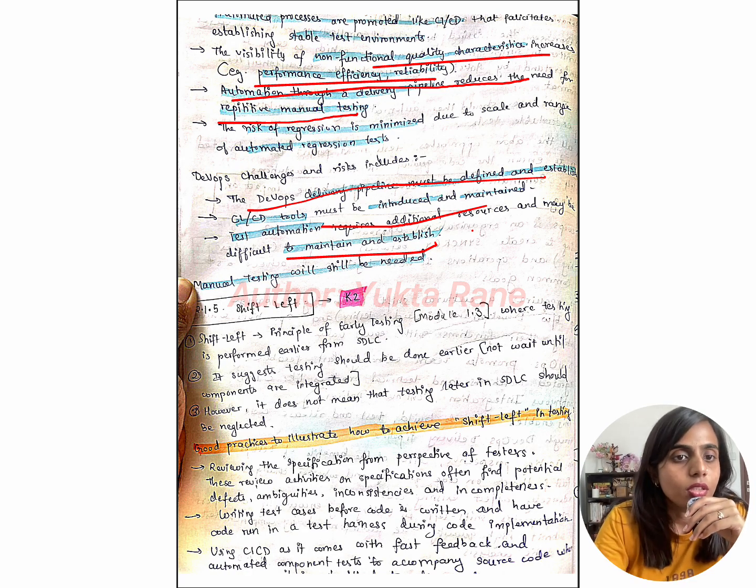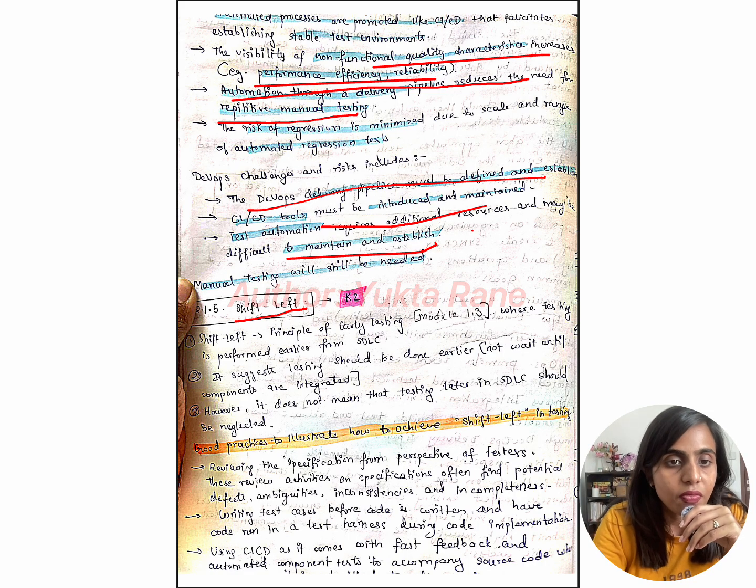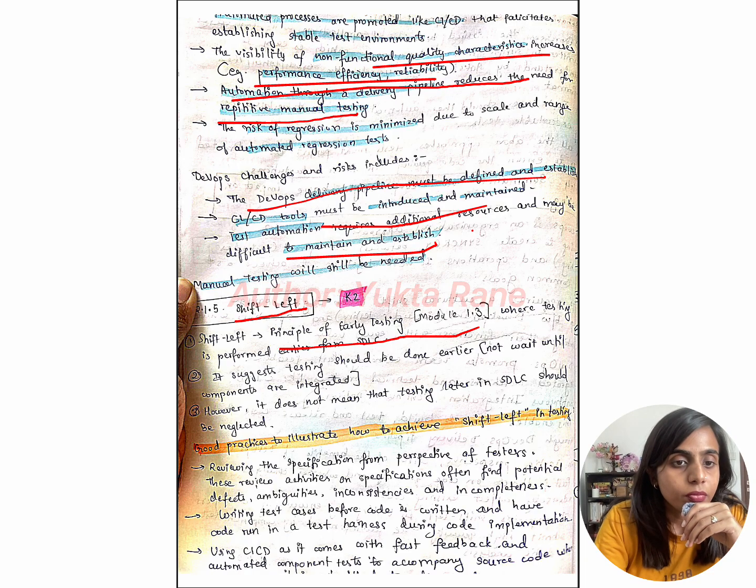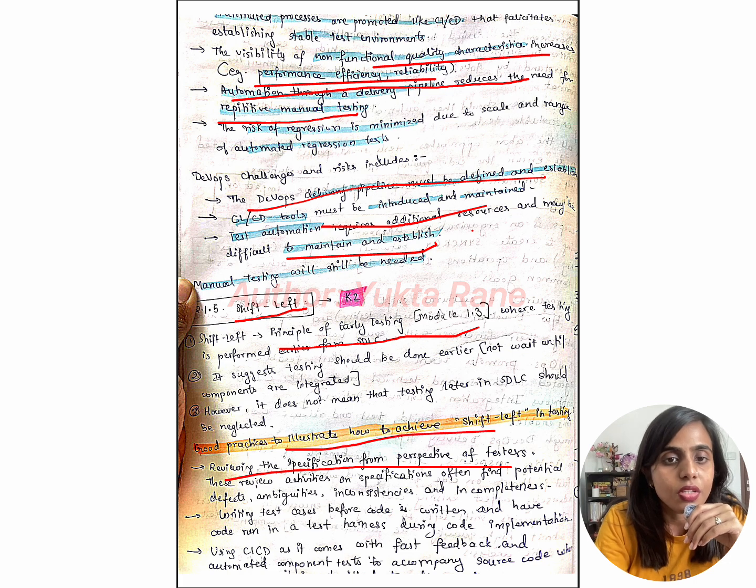Okay, now the part that we have studied before is shift left. Shift left is the principle of early testing. We saw it in module 1.3. Testing should be done as early as possible to reduce the cost of fixing defects at the last moment. Reviewing the specification is a practice that helps to achieve shift left.